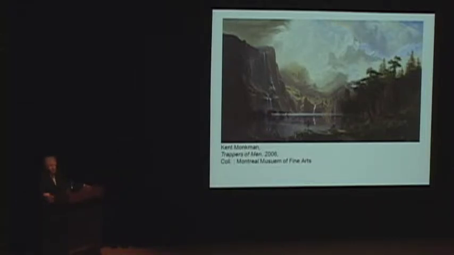Bierstadt is a well-known American painter, of course, of German origin. He was trained in the Düsseldorf school, a very academic type of training, and he became enthralled by the landscape of the West and created this big machine, this big painting, very gaudy like this, with a lot of effects of clouds and things.